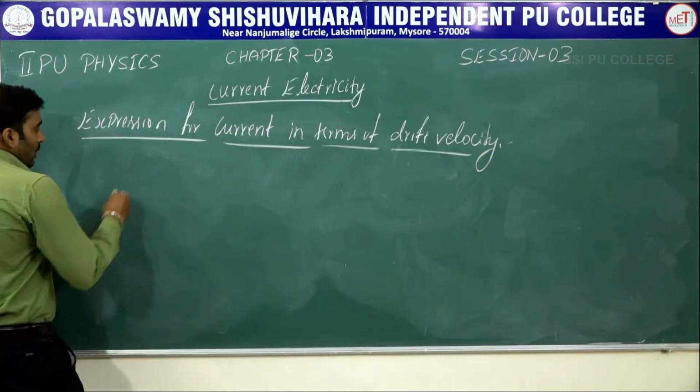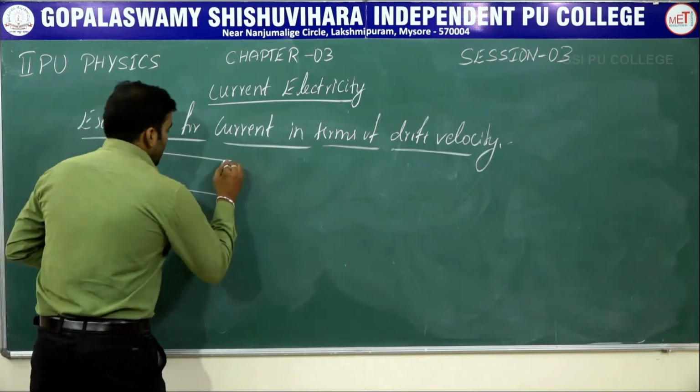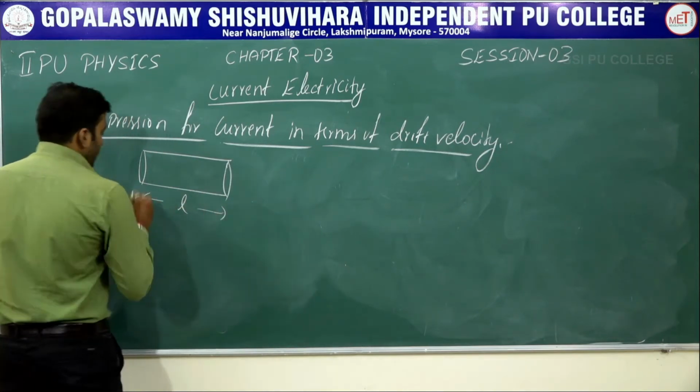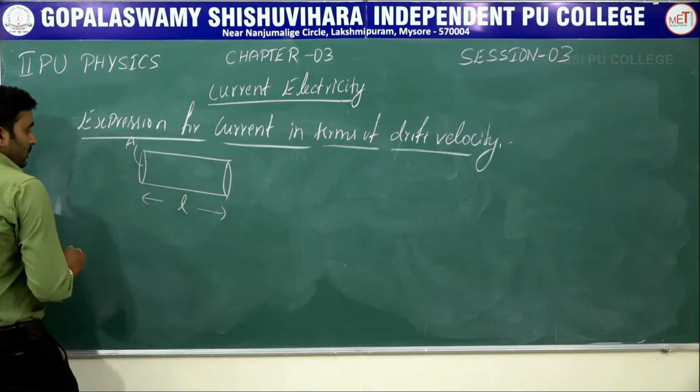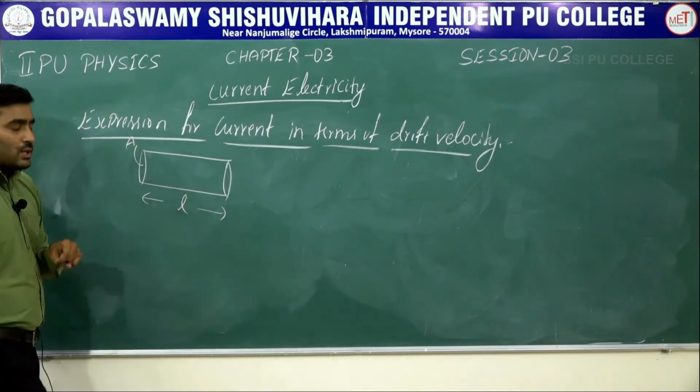For this, again, consider a conductor of length L and area of cross section A.